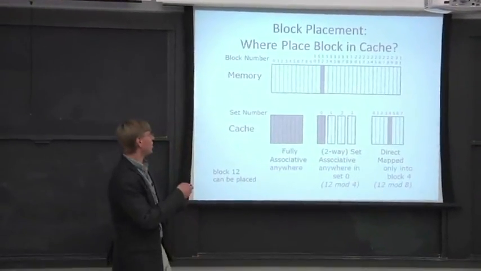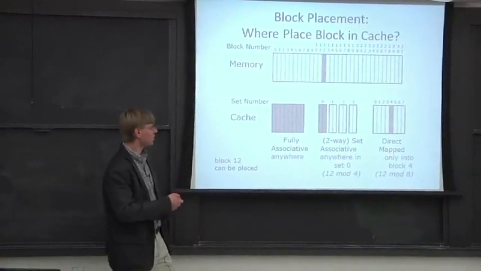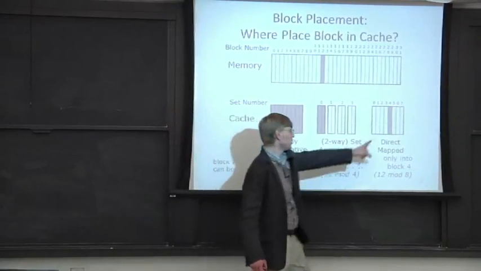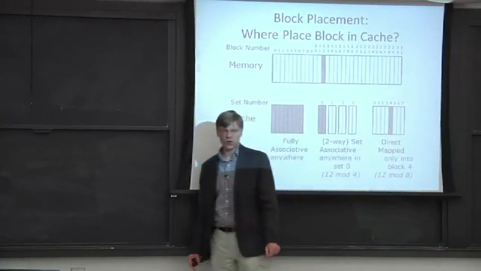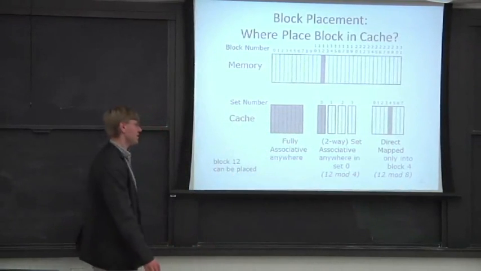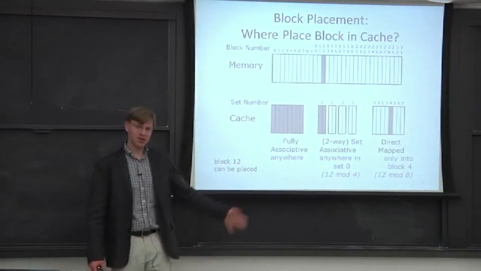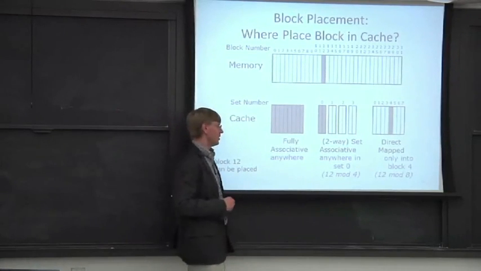In this case, we have block number 12, or byte number 12 here. We take 12 mod 8. It says block 4. So this is the only place to go look for the data. OK, that's nice and simple. May not be the best performance. Easy to build. It's all index-based.